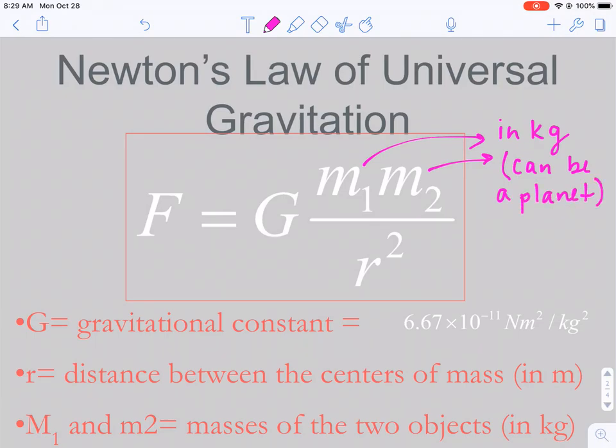And then R is that distance between the centers, which can be really large for space and for planets. And then capital G is that number that is always there. It's always that number. That's a constant, just like pi. And F is the force.